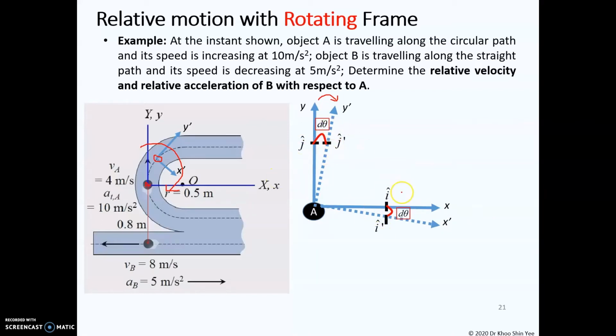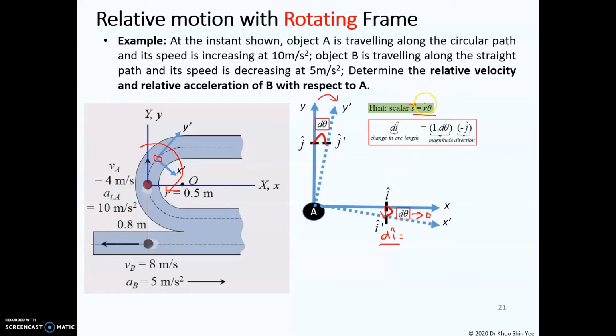The angle between them is d theta, and this angle is very small, approximately 0. Since the angle is very small, the change in the i direction, which is your di, can be approximated to a linear line here, and we can use the arc length formula x equal to r theta to compute the di. So di here represents the arc length vector.